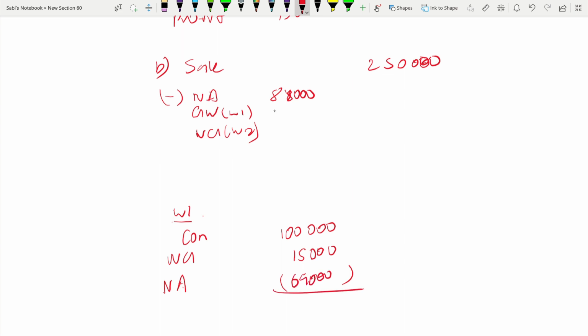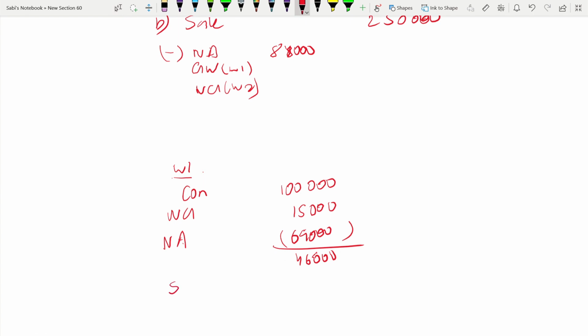It is 46,000. But they have told 50% written off. So 50% of 46,000 is 23,000. You can say this is an impairment, so you are left with 23,000.